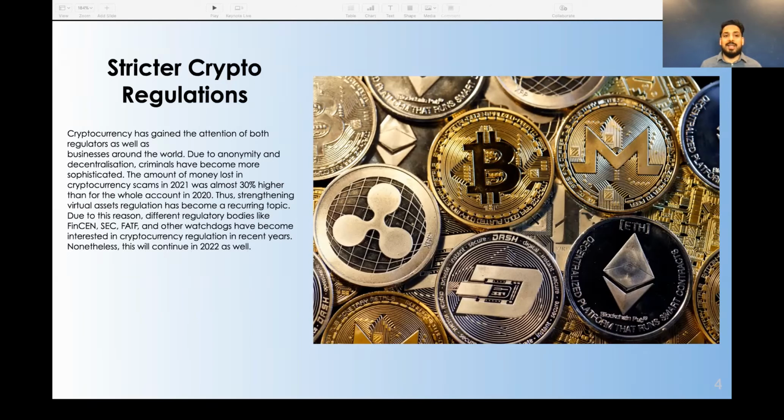So all of these things happen, and that's why the regulators in a lot of countries said, we need to have more rules in this area, for the crypto exchanges, and they need to adhere to our laws and regulations if they want to operate in our country or in our framework. That's why you're seeing stricter crypto regulations at this moment in time.